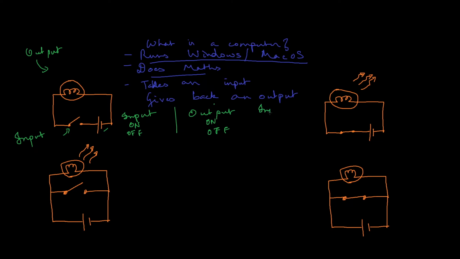So when the input is 1, as in the switch is on, the output is 1 as the bulb is on. If the input is 0, where the switch is off, the output is 0, the bulb is off. And so we have this little table that helps us keep track of what happens as we switch the circuit on or off.